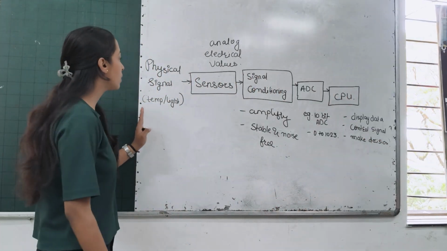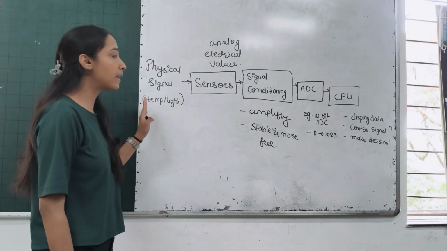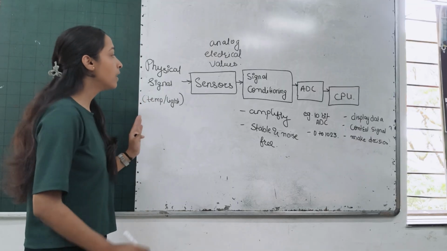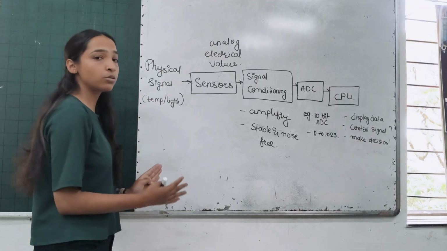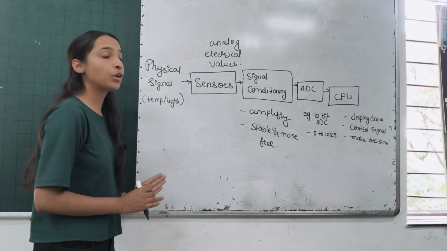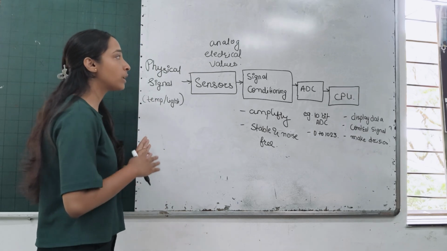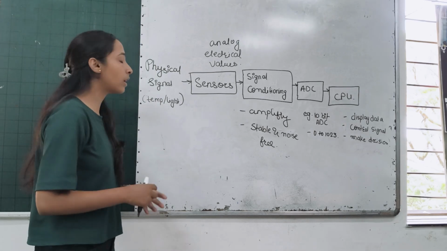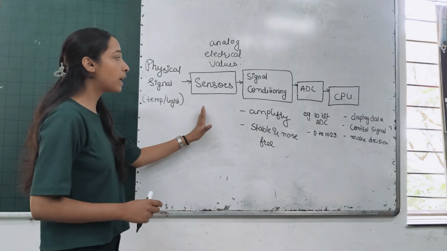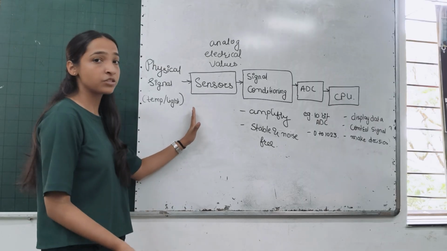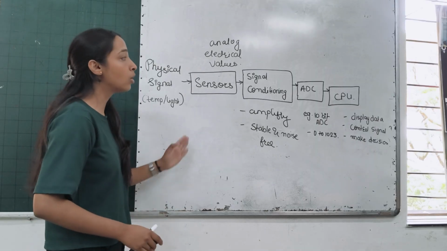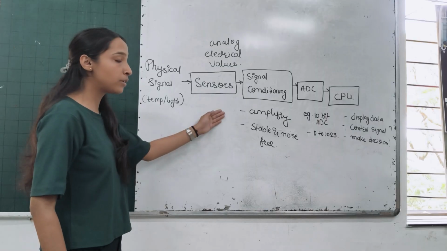the ADC block will have a physical signal like temperature, light or pressure. Then the physical signal will be given to a sensor. The sensor will convert it into an electrical signal before giving it to the microcontroller. The signal conditioning block will amplify the signal.